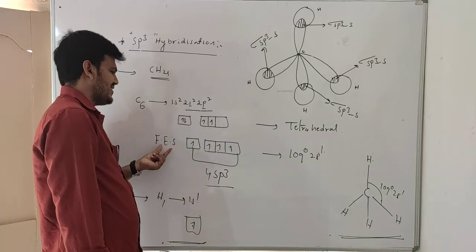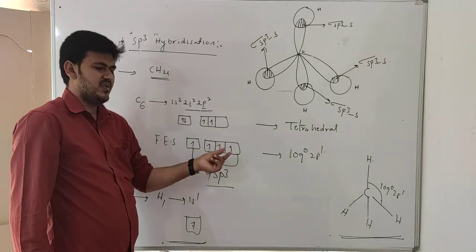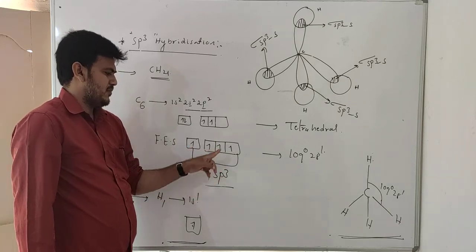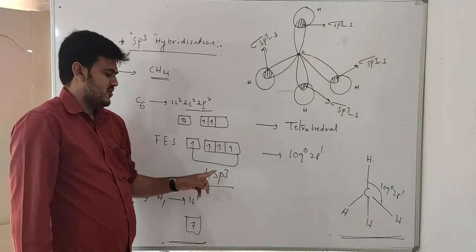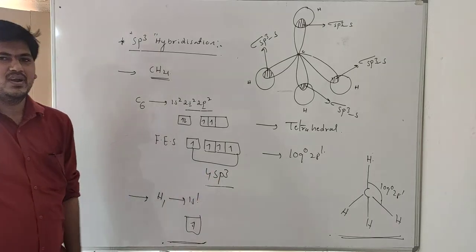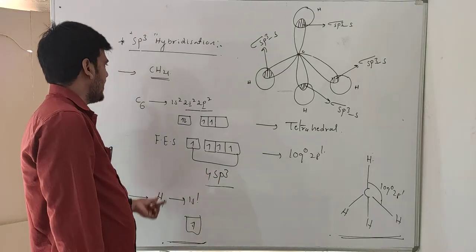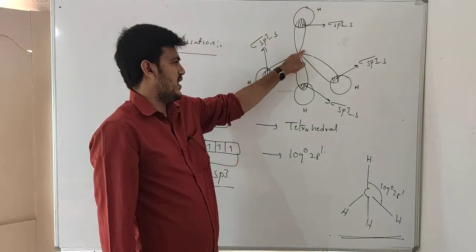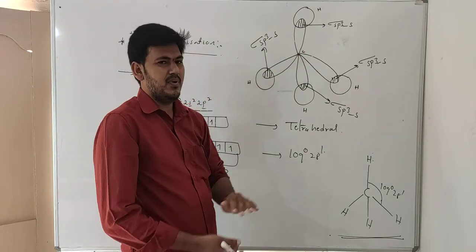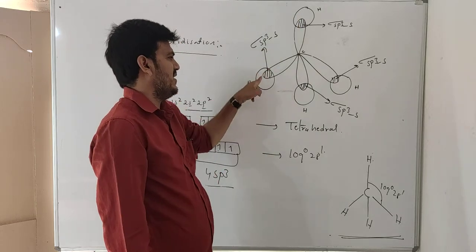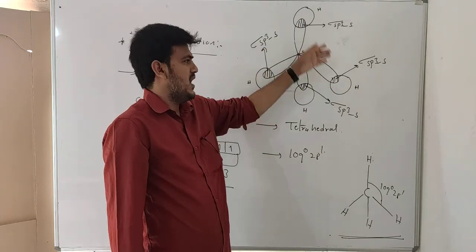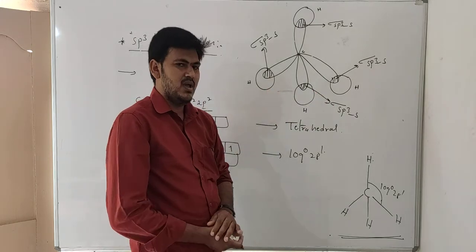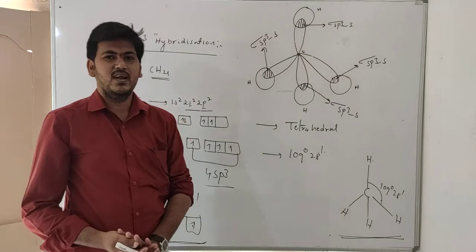In the first excitation state, the 2s orbital electron enters into the 2pz orbital. So 1 s orbital and 3 p orbitals give a total of 4 moles of sp3 hybrid orbitals. Hydrogen has atomic number 1 and electron configuration 1s1. So the central atom carbon has 4 sp3 hybrid orbitals, which overlap with s orbitals to form 4 moles of sigma sp3-s bonds. The shape of the molecule is tetrahedral and the bond angle is 109 degrees 28 minutes.